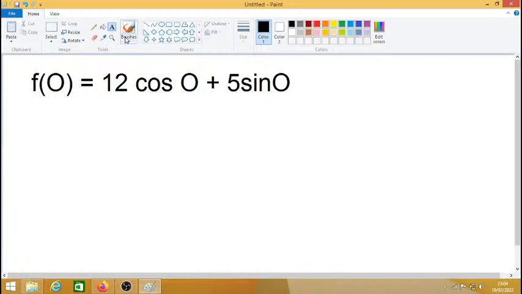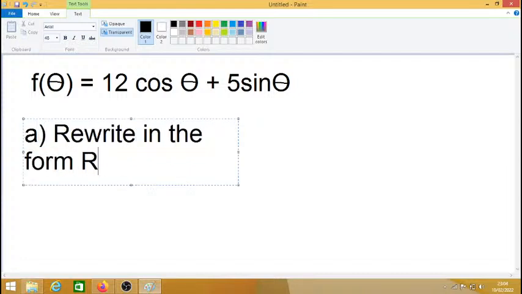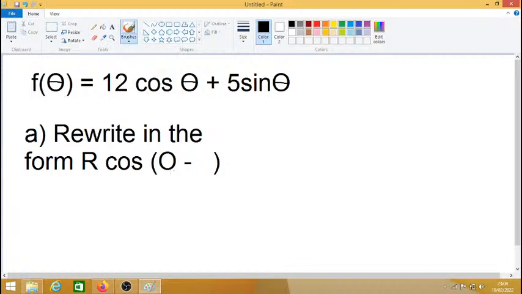So the first question here is that f of theta is equal to 12 cos theta plus 5 sin theta. And part A of this question is simply to rewrite this in the form r cos(theta minus alpha). We've done a couple like this, so you should be comfortable doing that.